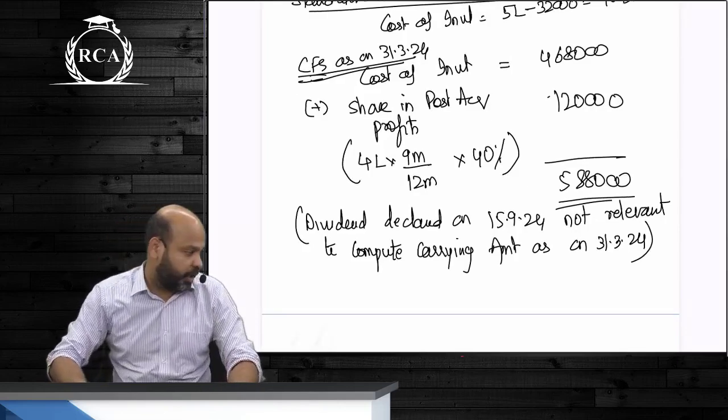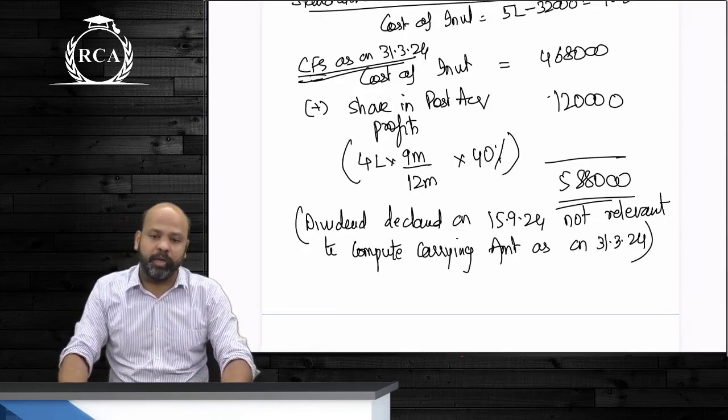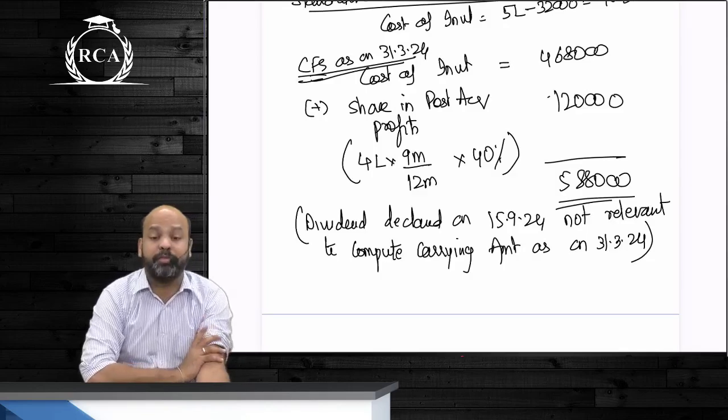Dividend declared on 15th of September 2024 will not be relevant to compute carrying amount as on 31st of March.